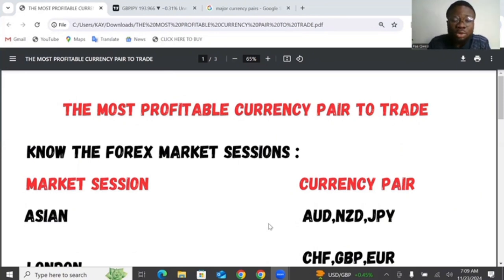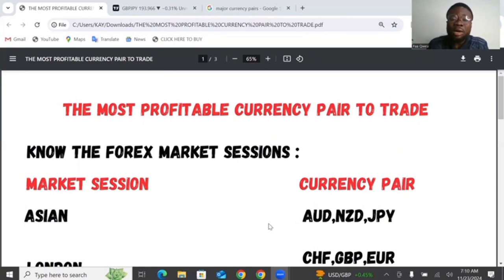As you've been able to identify the various market sessions, you need to understand which currency pairs are open during that time. When it comes to the Asian session, which currency pairs are more effective or more volatile?